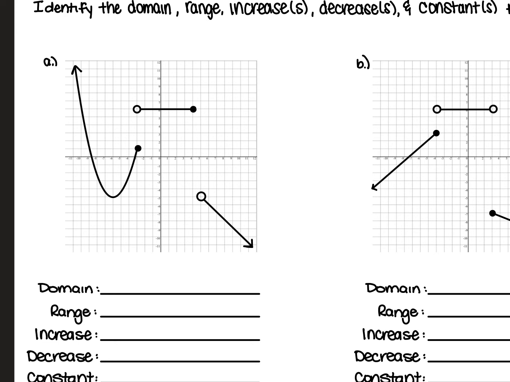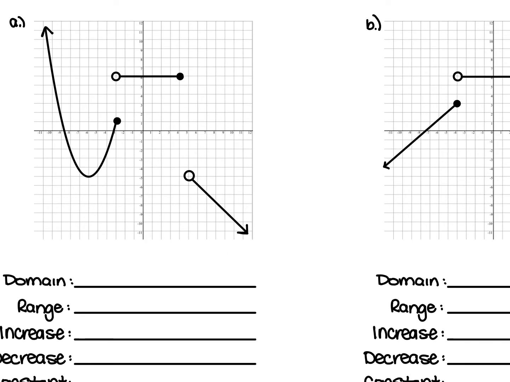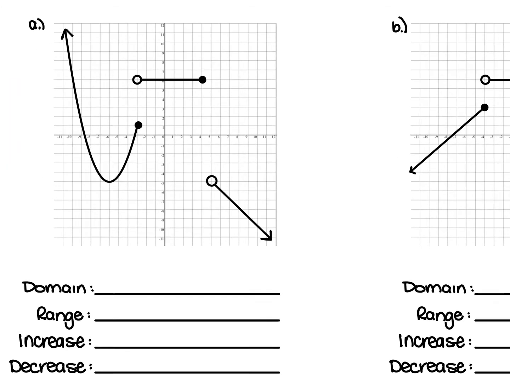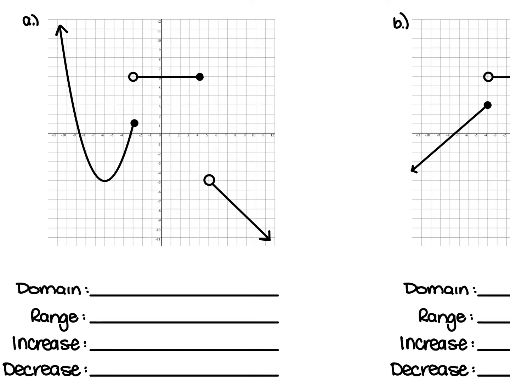If we look at example A, you have 3 different graphs here. One that is part of your quadratic function, one that's a horizontal line, and then one that's linear. For your domain, your x values that are being covered, look at where you're starting and stopping. That parabola is continuing to go to the left, so it goes to -infinity. So we're going to put that down first.